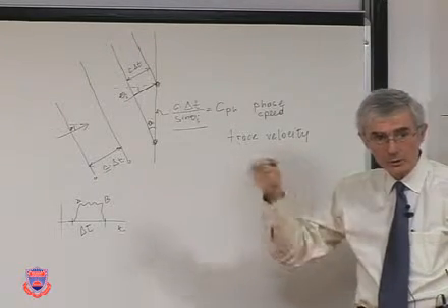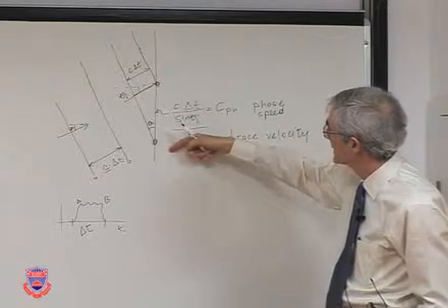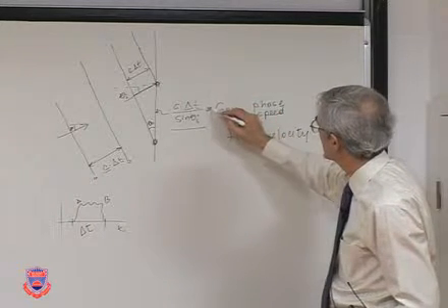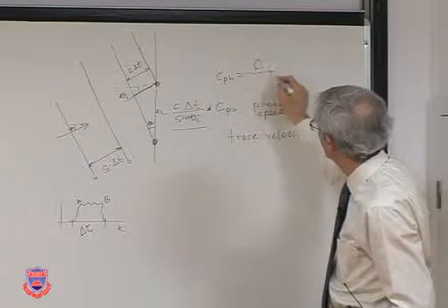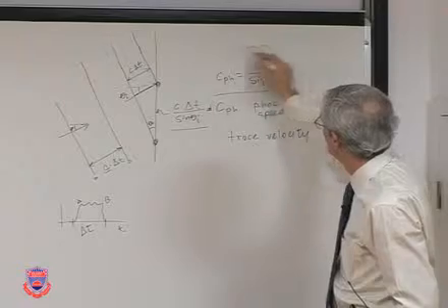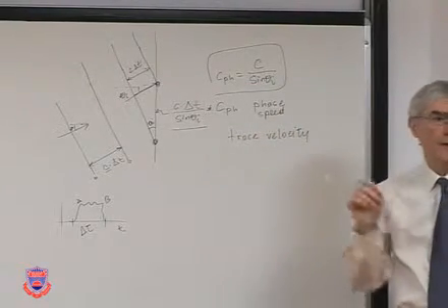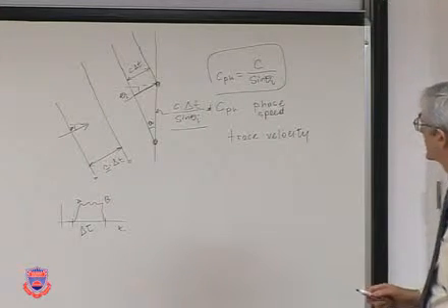So for it to cover this distance in delta t, the phase speed is c over sine theta I. It has to travel faster to get to that point. That's the phase speed.